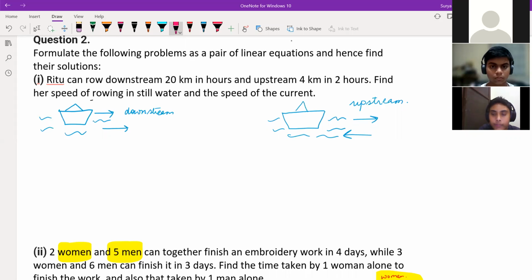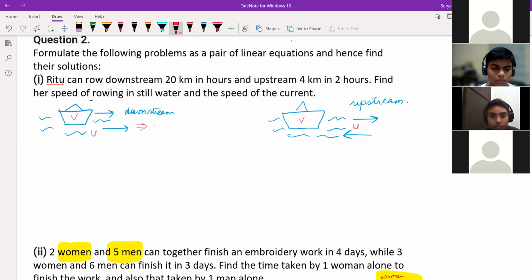Downstream, right? Because it is going along with the water. Suppose I'm considering that the speed of the boat is V and the speed of the stream is U. So what is the speed in downstream?